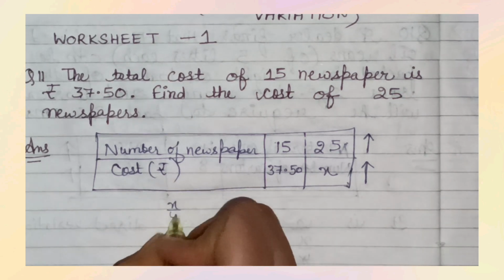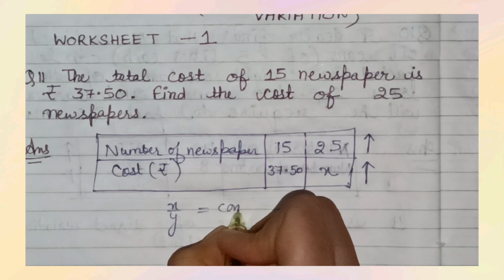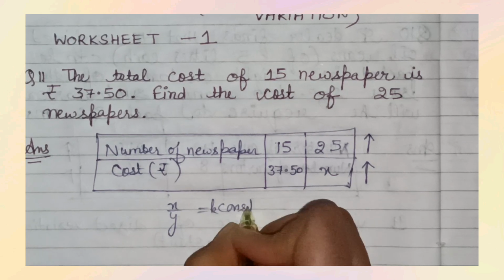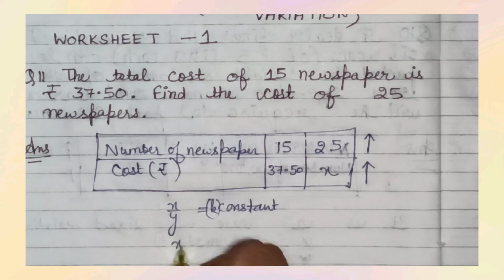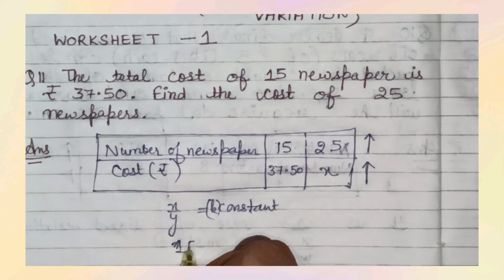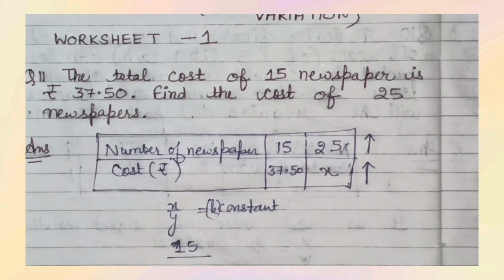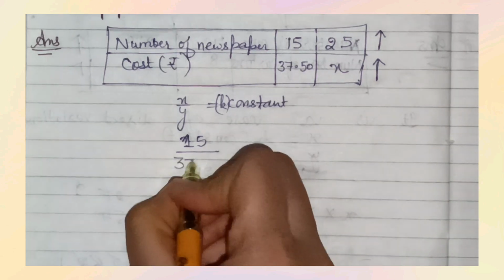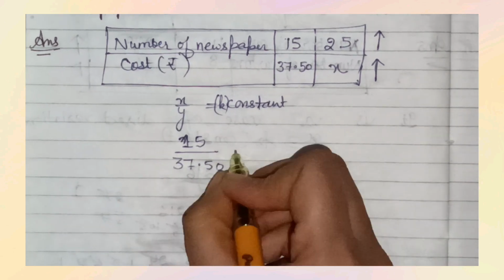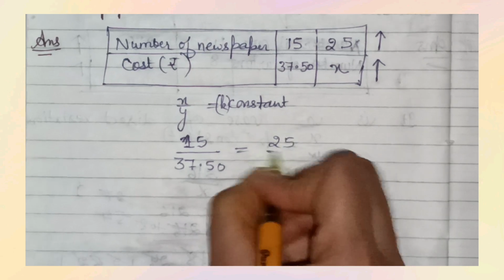So it is a question of direct variation, and we know the formula of direct variation: x upon y is equal to k, constant. So 15 upon 37.50 is equal to 25 upon x.